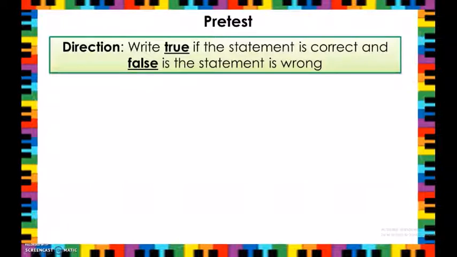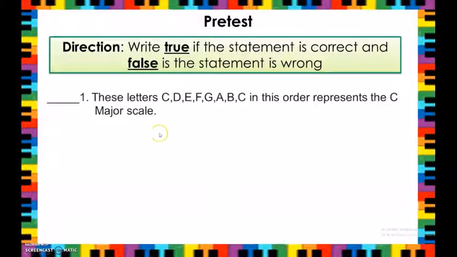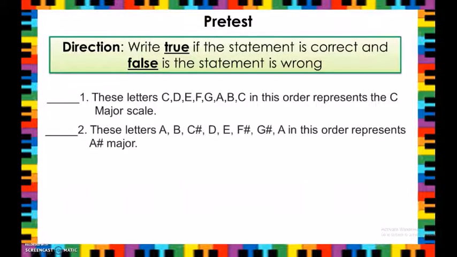Number 1. These letters C, D, E, F, G, A, B, C in this order represent the C major scale. Is it true or false? Next, number 2. These letters A, B, C sharp, D, E, F sharp, G sharp, A in this order represent A sharp major.